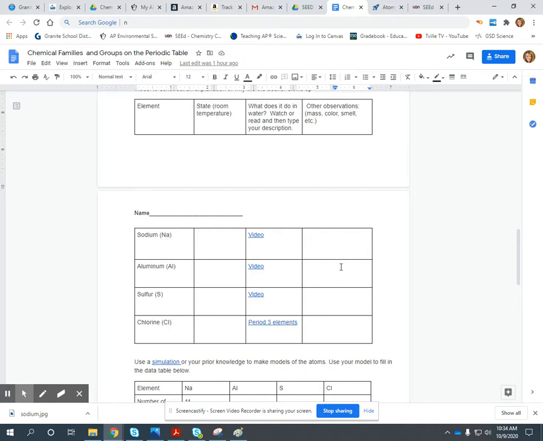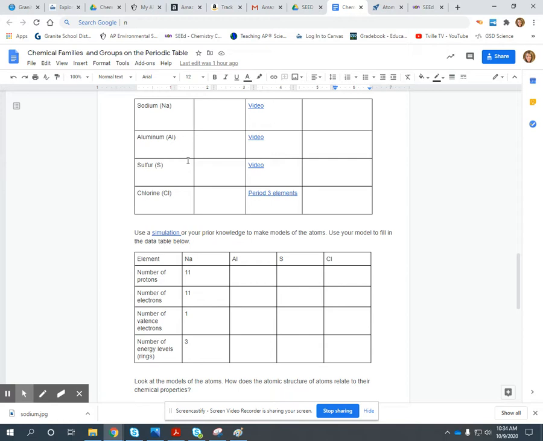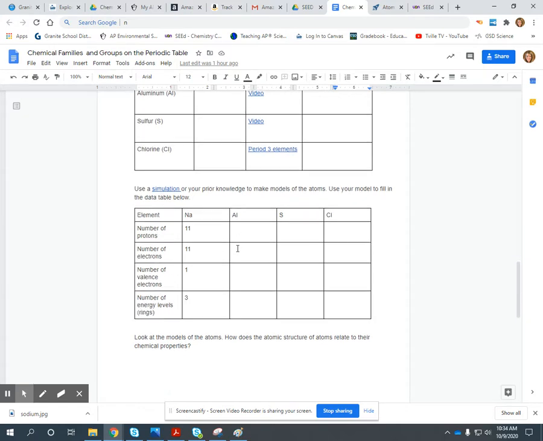Okay, so again, you can do some research online, but just write one other thing that you know about sodium, aluminum, sulfur, and chlorine. Okay, then again, you're going to go back to the simulation and fill in this data table about the models of the atoms that you create. So this time we're looking at elements in period 3, and you're going to record the number of protons, electrons, valence electrons, and energy levels.